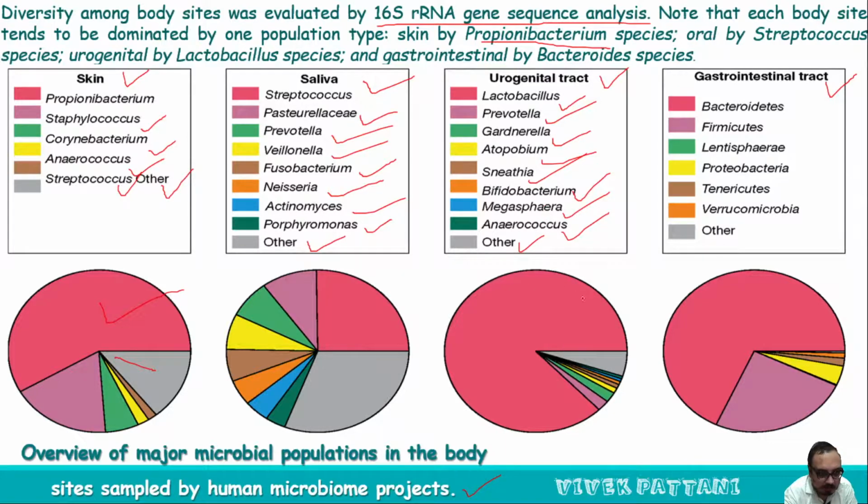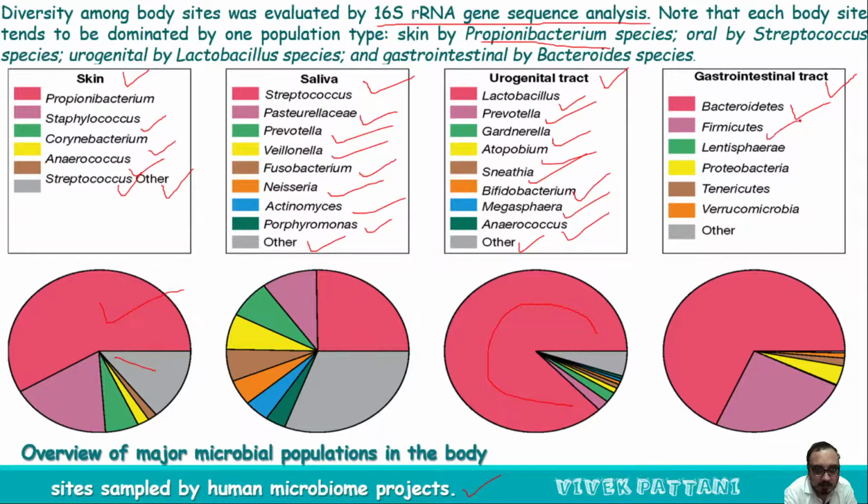You can see the population of Lactobacillus is very high as compared to the other bacteria. Now comes the gastrointestinal tract, where the maximum population is of Bacteroidetes, which is a group.